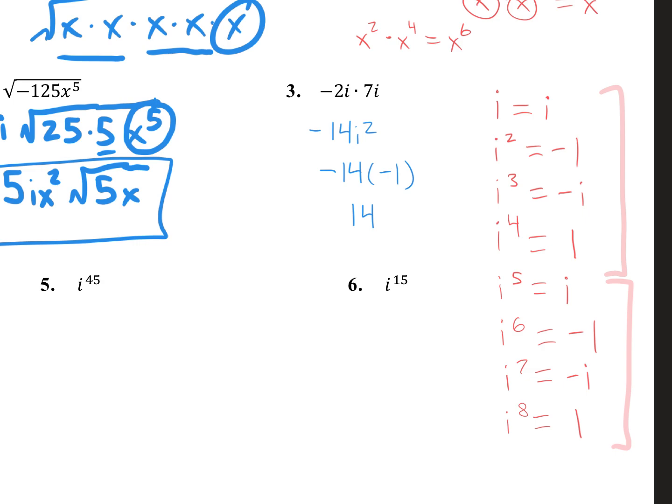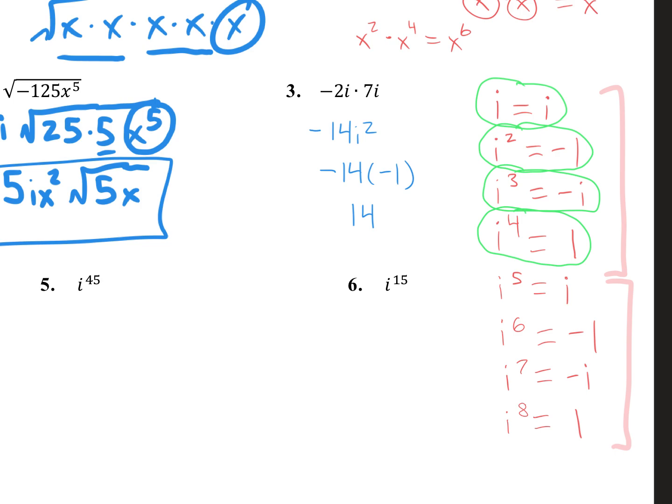If the remainder is 1, then it will equal this one. So this is remainder 1, remainder 2, remainder 3, and then if it's divisible by 4, it's here.